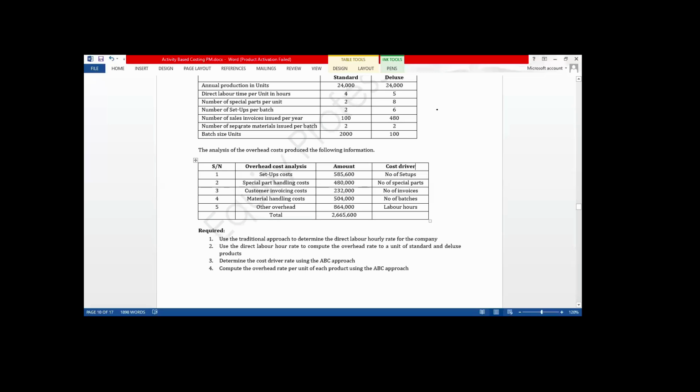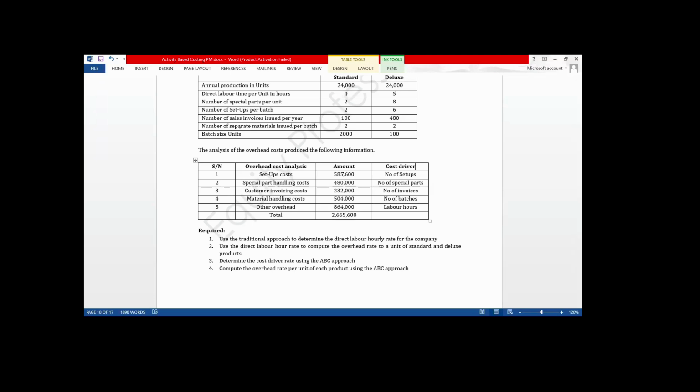But the examiner says, please look at this. The cost driver for material is what? Number of batches. Hello, are you there? The examiner didn't say number of separate materials issued. He said the cost driver for material handling is the number of batches.